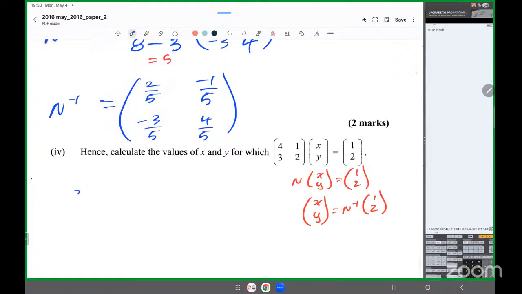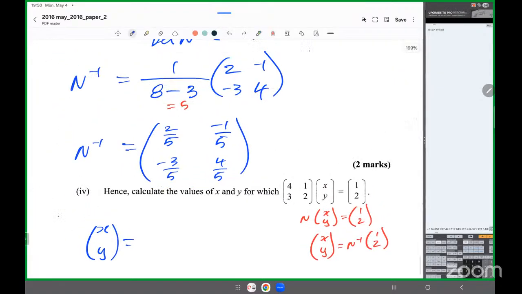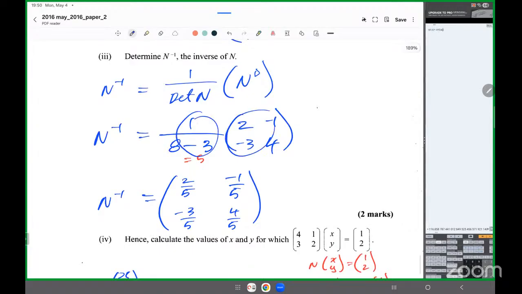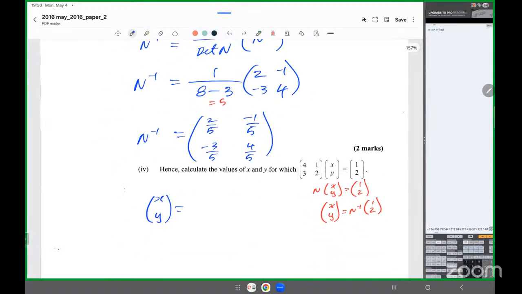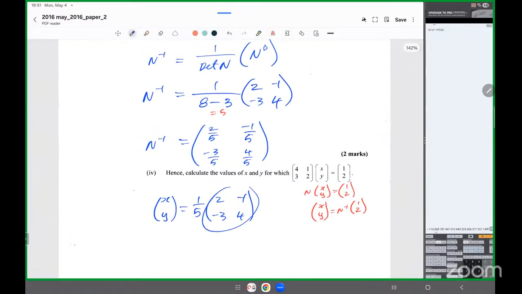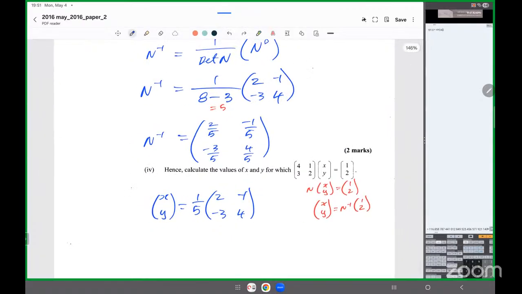Complete with that calculation. That's what we're going to do over here. So the xy that I want is going to be n to the minus 1. We're not using the fraction one. We're going to use this one, 1 over 5 times that. So n to the minus 1 is 1 over 5 times this matrix, 2, minus 1, minus 3, 4. Then multiply that by 1, 2.